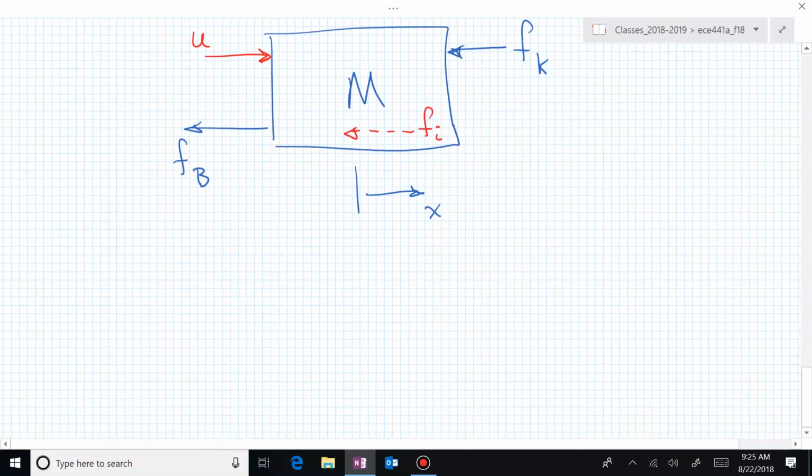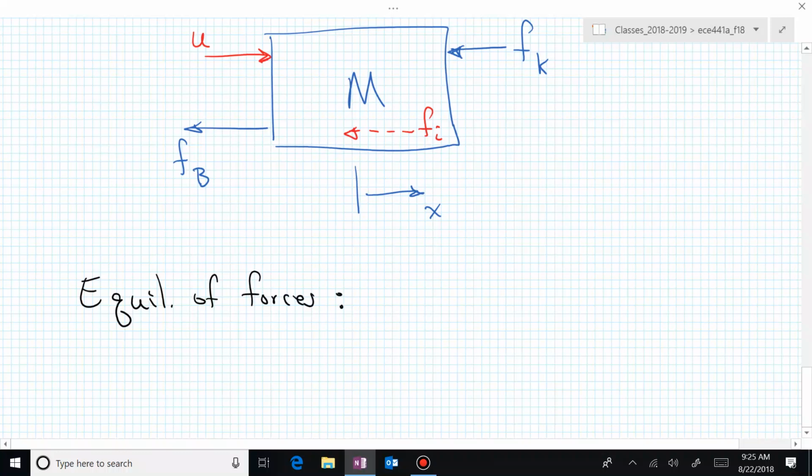Now that we've done the free body diagram, we can write the equilibrium equation by simply summing the forces. We are now working with the equilibrium of forces, and you simply algebraically sum these forces. You say, oh, all of the forces going to the left equal all the forces going to the right.